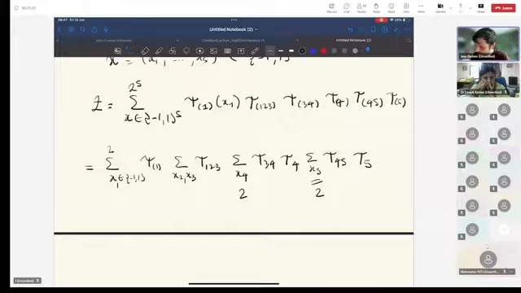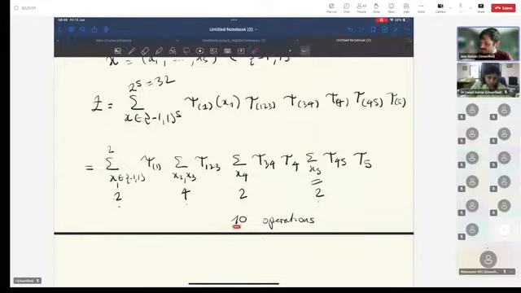We have 2 there. Here we have 2 to the power 2, which is 4. And here we have 2 as well. So in total, we have 2 plus 2, 4, plus 4, 8, 10. 10 operations. So you see, we went from 2 to the 5, which is 32, to 10. We have reduced the complexity.